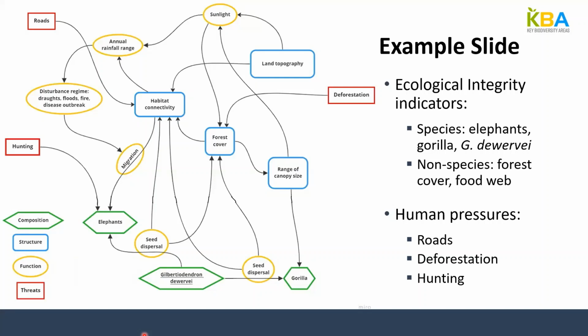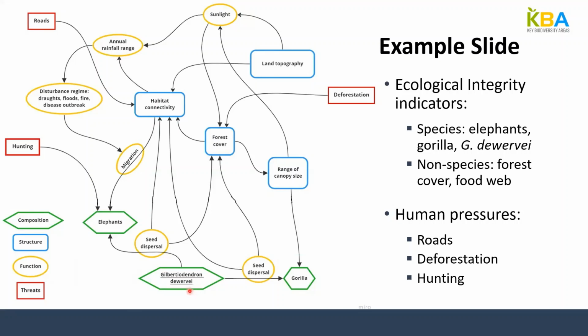So basically, based on this concept map, we could identify elephants, gorilla, and this plant species, I'm probably not going to pronounce it properly, but G. dewevrei, as indicator species.